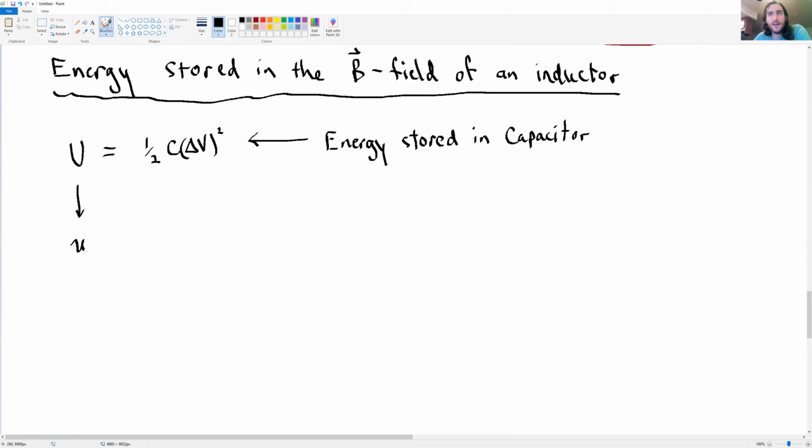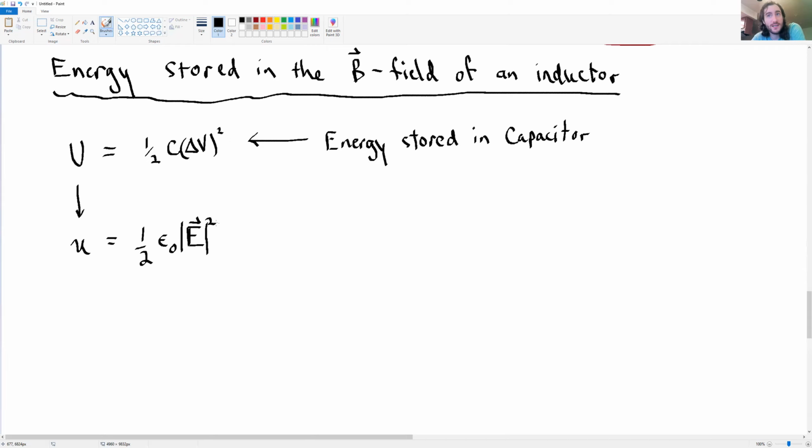And we can write down an energy density for the electric field. What we ended up with was 1/2 epsilon naught times the magnitude of the electric field squared. And of course, this assumes that the electric field is uniform everywhere. When we went from the top expression to this bottom expression here, we assumed that the electric field was uniform everywhere.